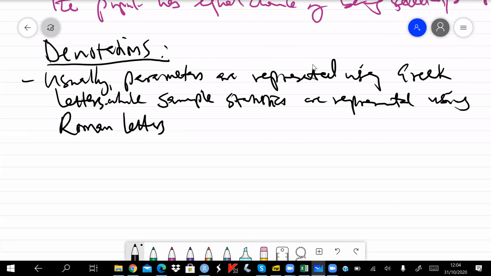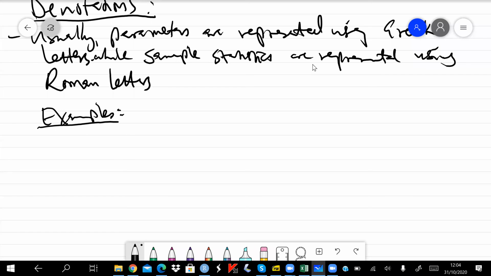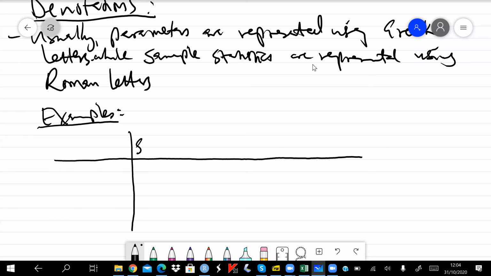So examples. I'm just going to show you a few of the symbols that we shall be using here. Let's create a table with 5 columns. The first column is the size. Then we have the mean.